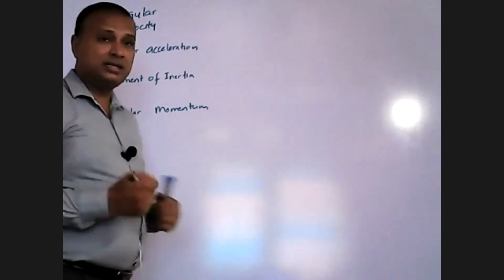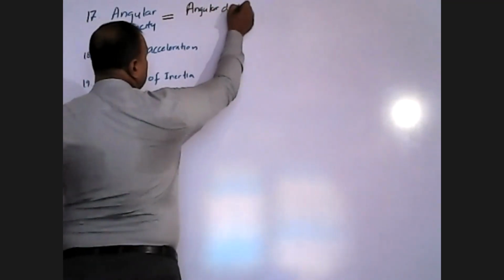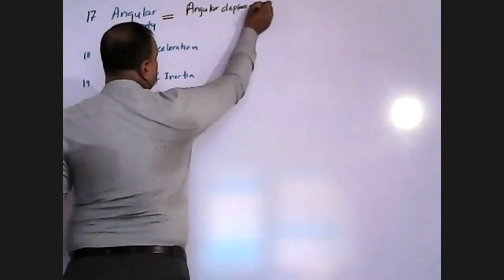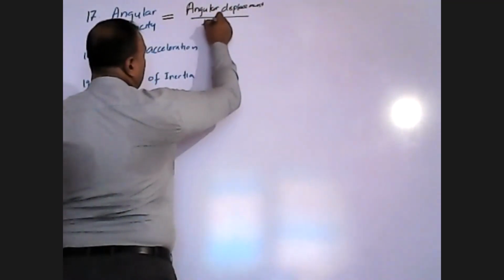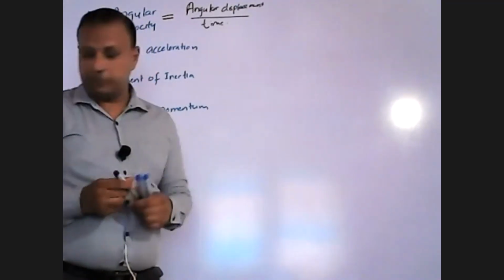First, we have to find the dimension for angular velocity. Angular velocity is equal to angular displacement over time. I have to do angular displacement first, okay?